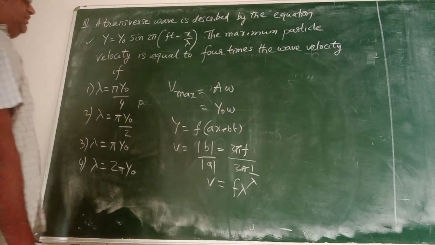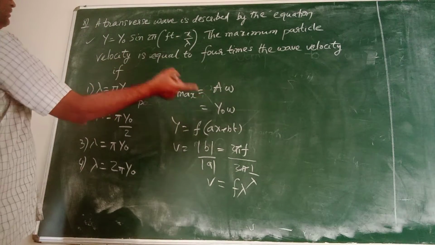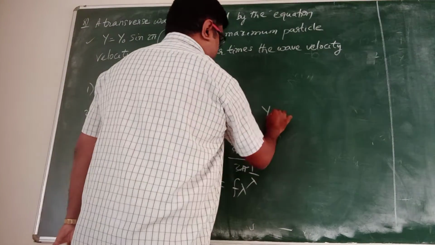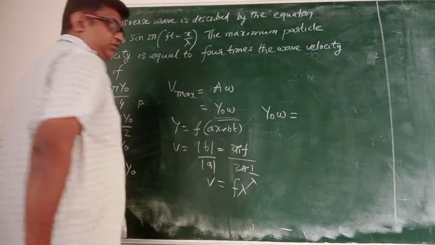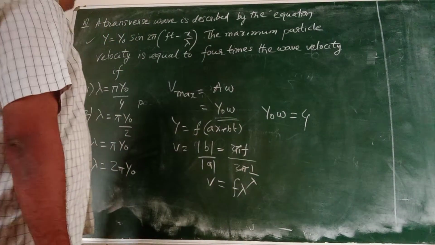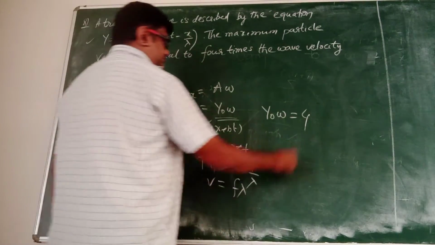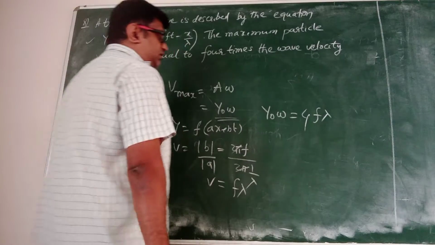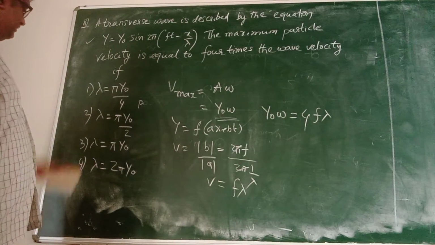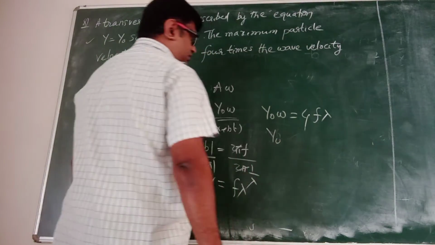Now in the question he says the maximum particle velocity is equal to 4 times the wave velocity. What is the maximum particle velocity? This is the maximum particle velocity, y0 omega. This is equal to 4 times the wave velocity. The wave velocity is this. Alright. So from this we need to form an equation now. In the equation there is no omega, we need to eliminate the omega. So how do I eliminate the omega?